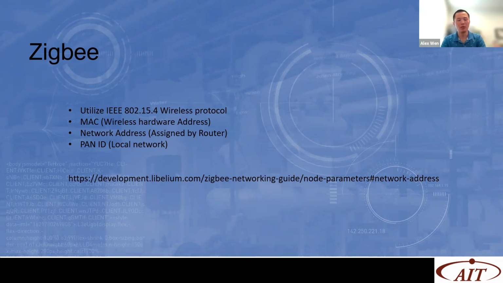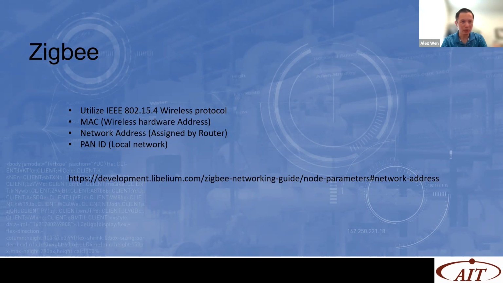So with Zigbee, you can also look up the information, like one of the links I provided here on the slide, or there are various sources and documents that explain exactly how Zigbee works. But some of the highlights you'll see: it's built on top of the IEEE 802.15.4 wireless protocol, which handles basically how the wireless hardware is communicating between the two devices.